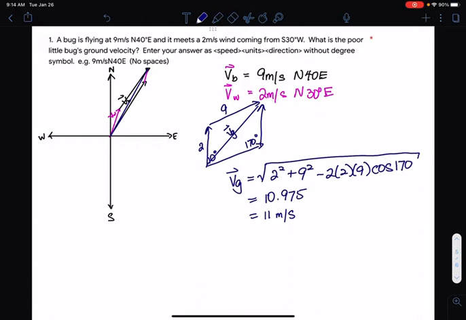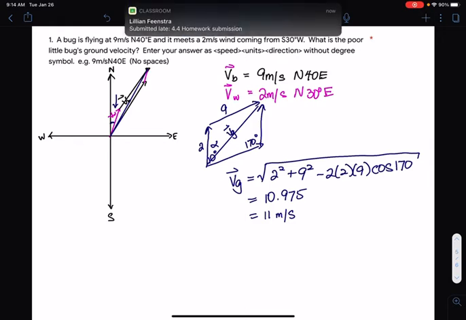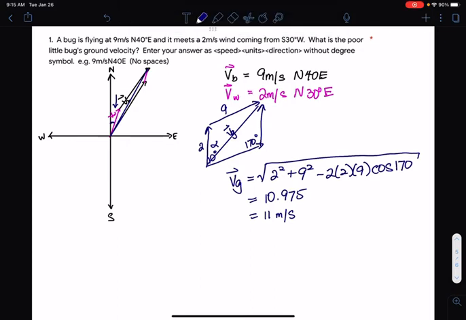And then the direction, whichever angle we get, we just need to work with this angle in here. So that's 30 degrees, so I can get that angle there. So to get the angle, I'm going to do sine of alpha over 9 is equal to sine of 170 over 11.